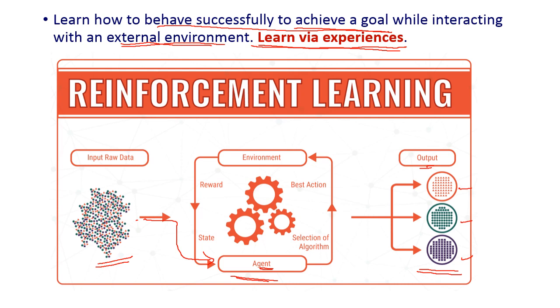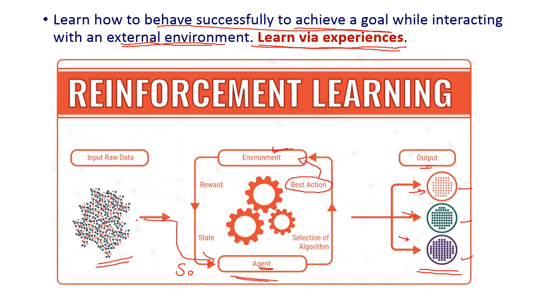The agent acts on the initial state, that is S0, and here it will select the algorithm to choose the best action. That particular best action will be executed on the environment. If the action is correct, then the object will be placed in the correct container, otherwise it will be placed in the wrong container.